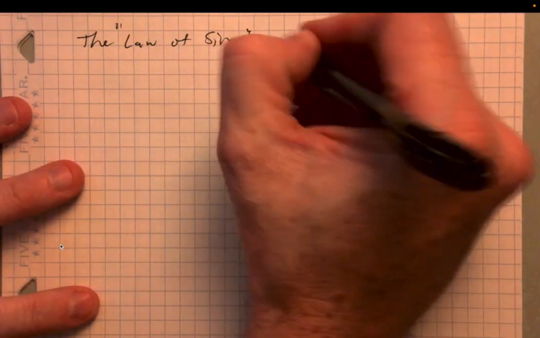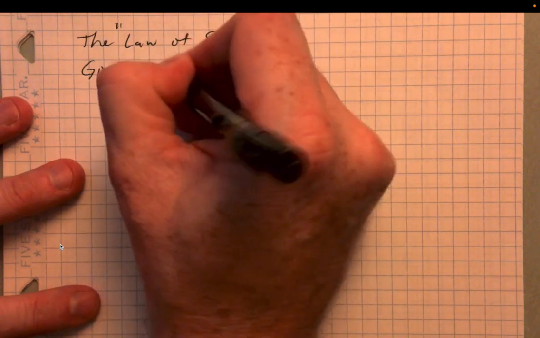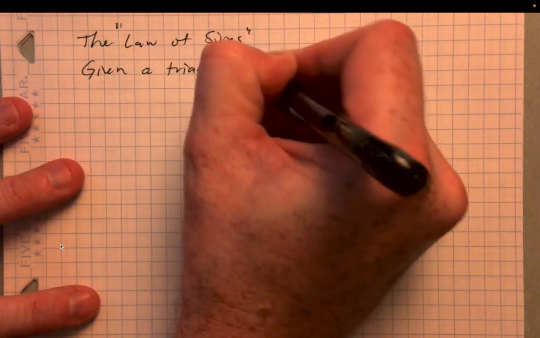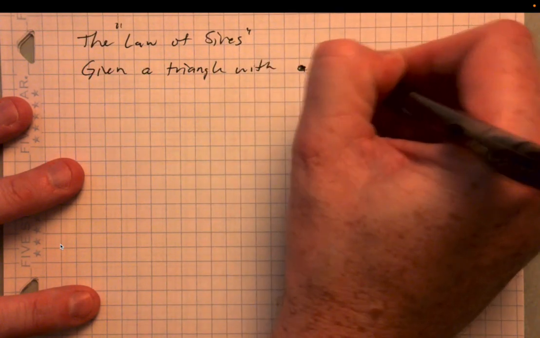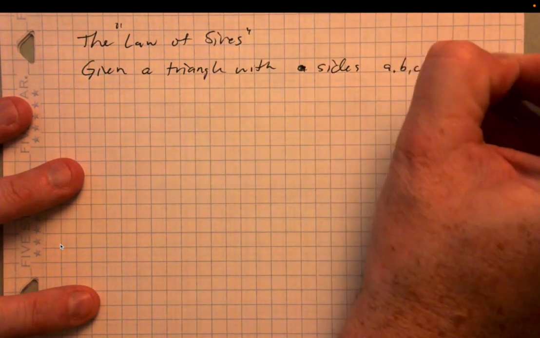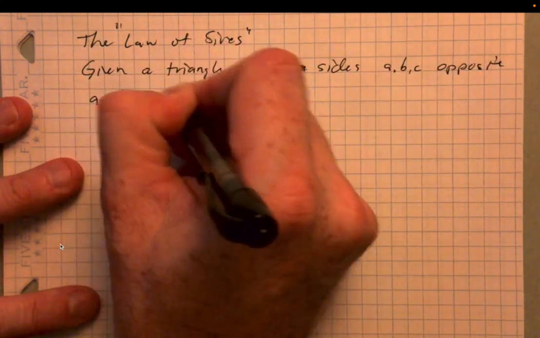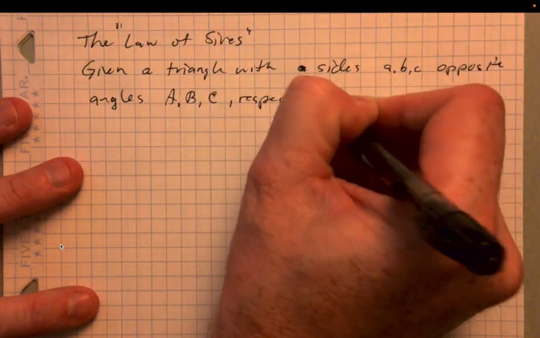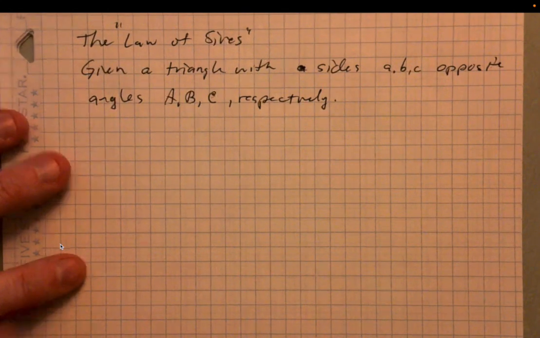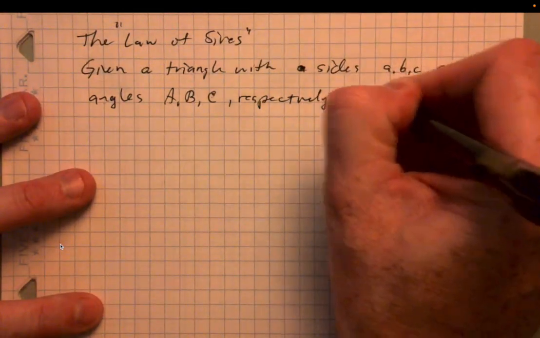So the law of sines says, given a triangle with sides a, b, c, opposite angles A, B, C respectively, the following relationship holds.